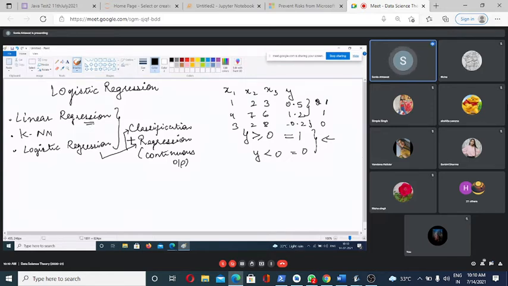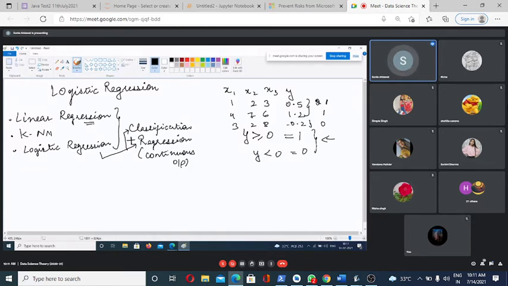It says that logistic regression is commonly used to estimate the probability that an instance belongs to a particular class.